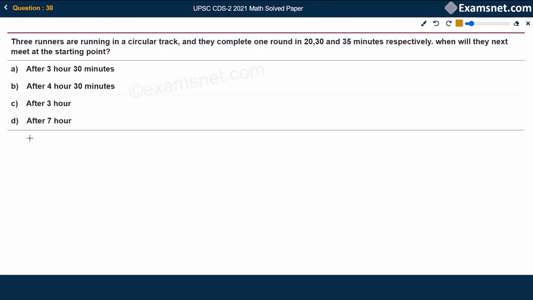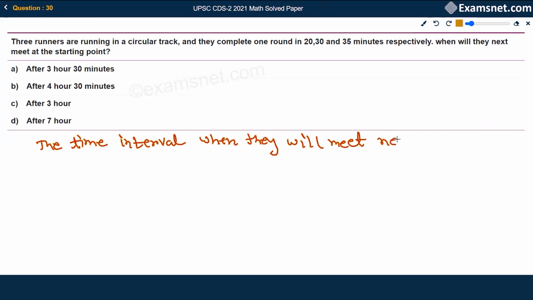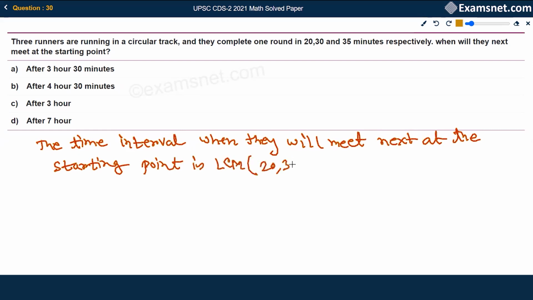So the time interval when they will meet next at the starting point is the LCM of 20, 30 and 35 minutes.